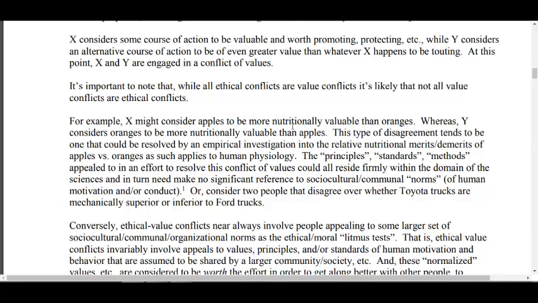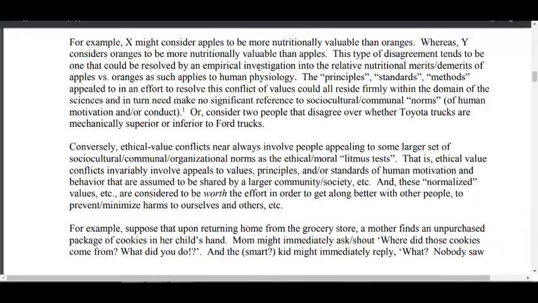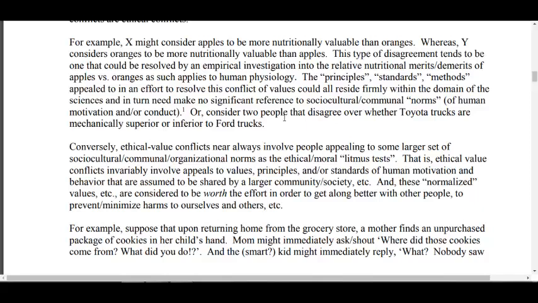I give an example here about the relative nutritional merit or value of apples over oranges, and everyone can read through this. But you can also just think simply, like every day. We've all heard some people talk about how two people could disagree over whether Toyota trucks are mechanically superior or inferior to Ford trucks. Or one person might say that Android phones are better than iPhones.